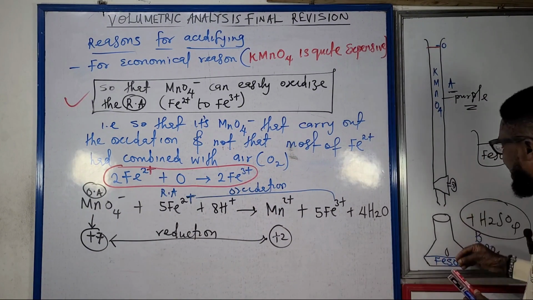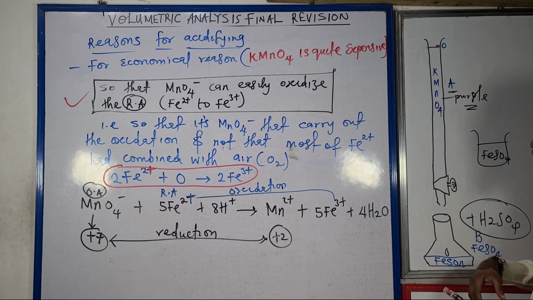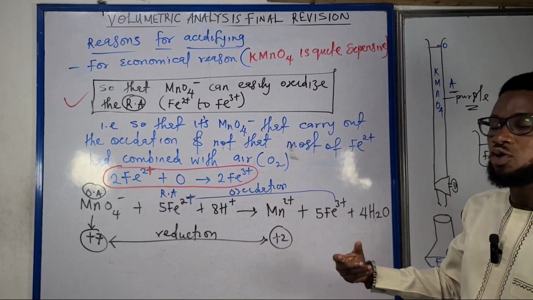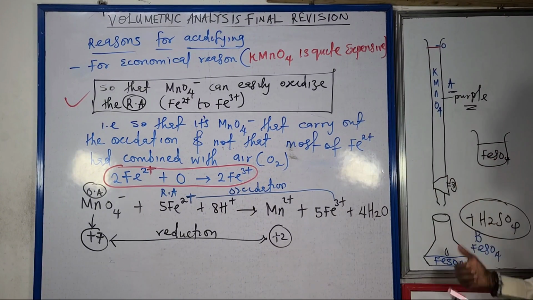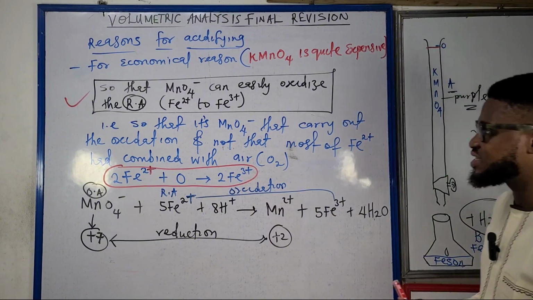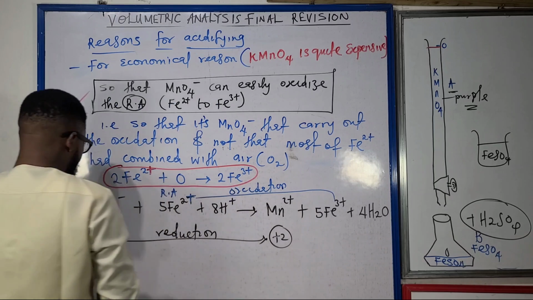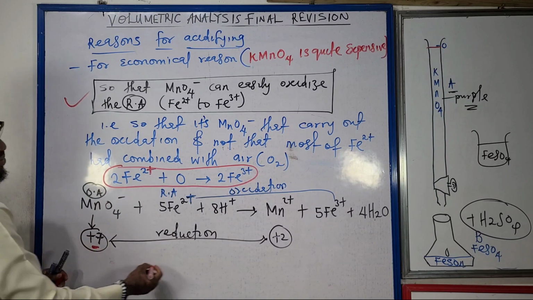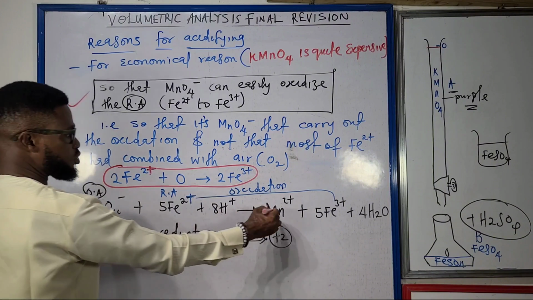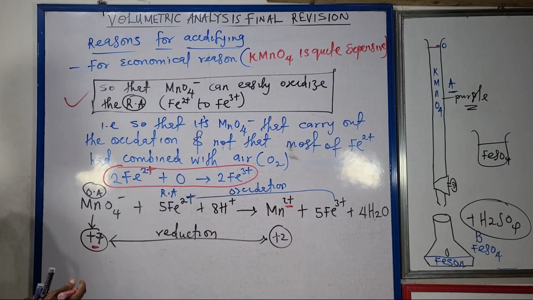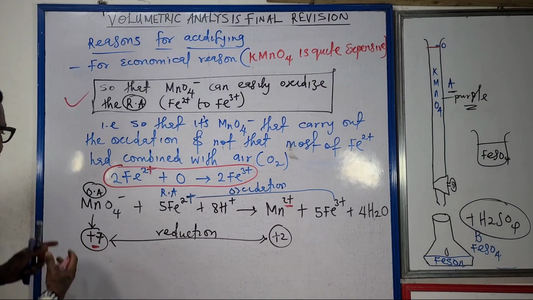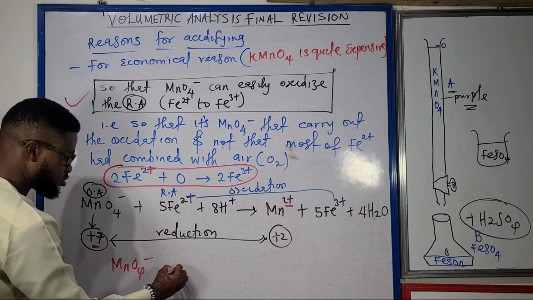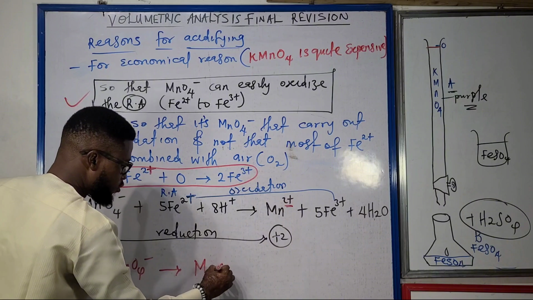But if most of the iron had actually oxidized and changed from Fe2+ to Fe3+ before the actual titration starts, then the tetraoxomanganate ion, which is +7 here, getting 5 electrons to become +2 here is going to be difficult, in which case most of the tetraoxomanganate ion will be converted into manganese 4 oxide.